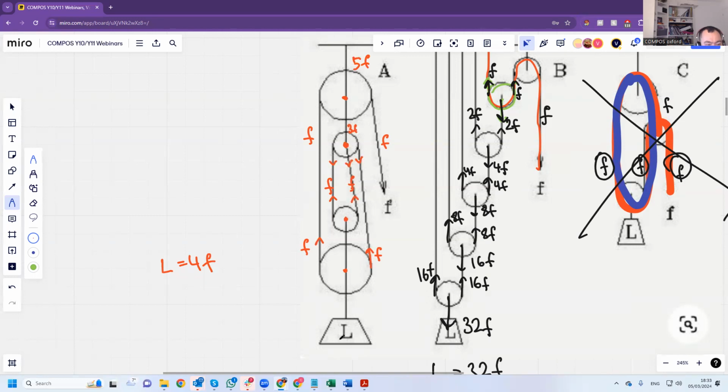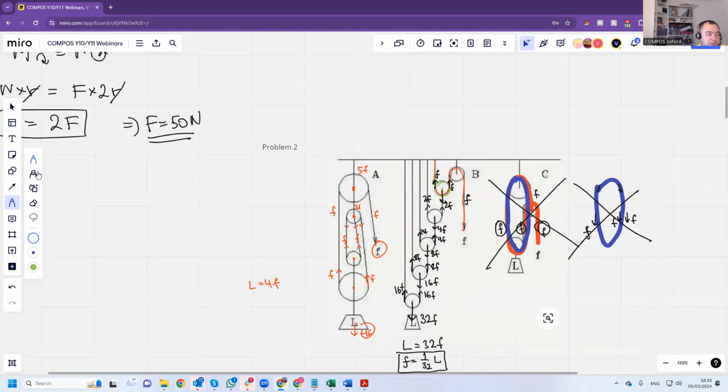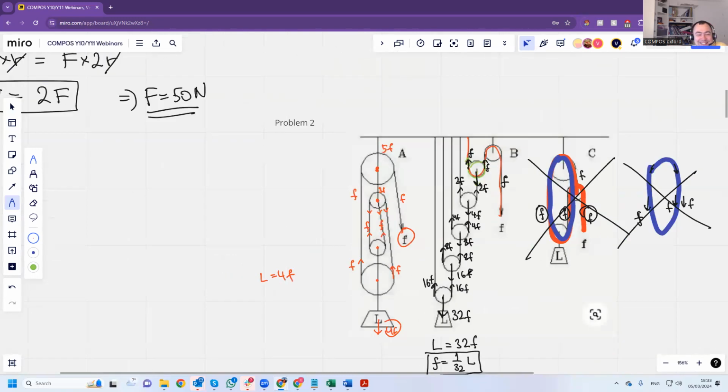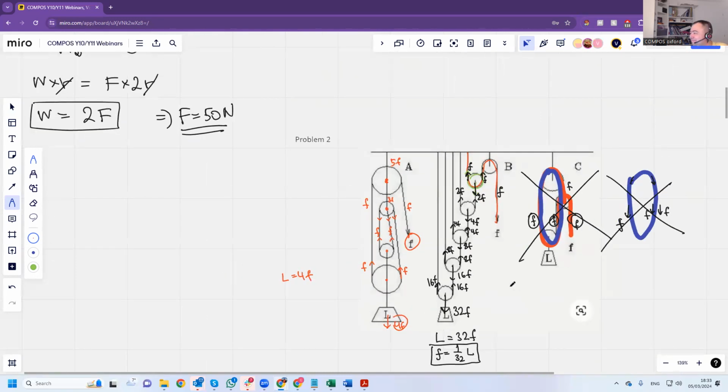That makes perfect sense because the load is 4F and you're pulling with an F, so that's a total of 5F. That's really good. So it is consistent, so the system will work. It will lift a load, although I'm not sure why you would need such a complicated system of pulleys. But yeah, it's fine.